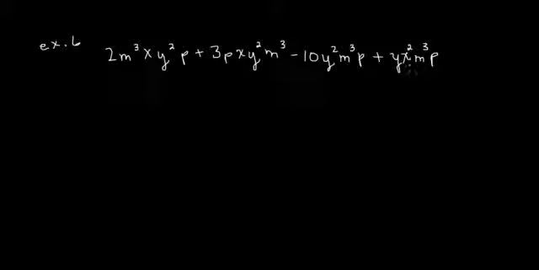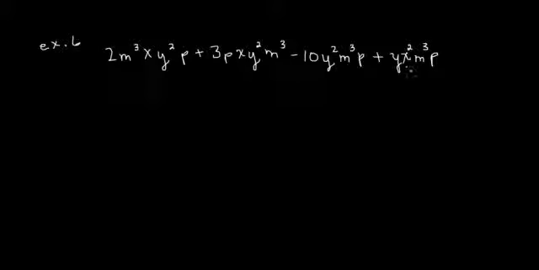Hopefully I copied that right. Let me just go back and check it. So you have 2m to the third x y squared p, 3p x y squared m cubed minus 10 y squared m cubed p plus y x squared m cubed p. So you can turn the video off and see if you can do this by yourself.